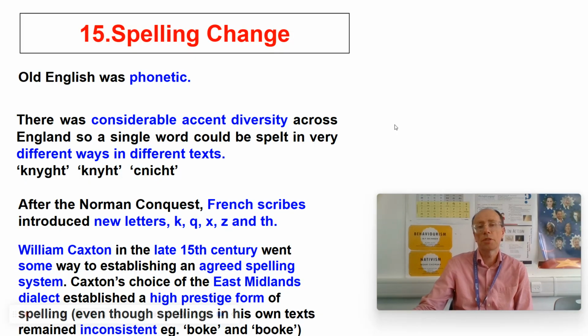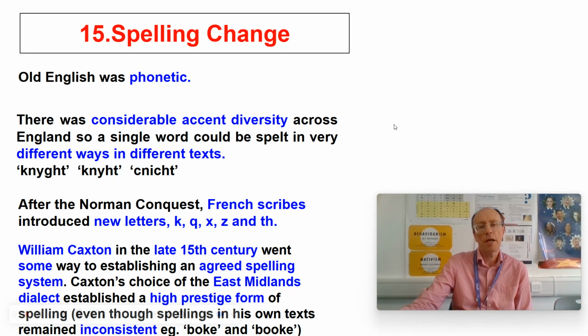And he chose, of all the different regional dialects across the country, the East Midlands dialect, which was the dialect spoken in London, Oxford, Cambridge, and that rich agricultural belt that's north of London. And that became the forerunner of Standard English. So it became this high prestige form of spelling.